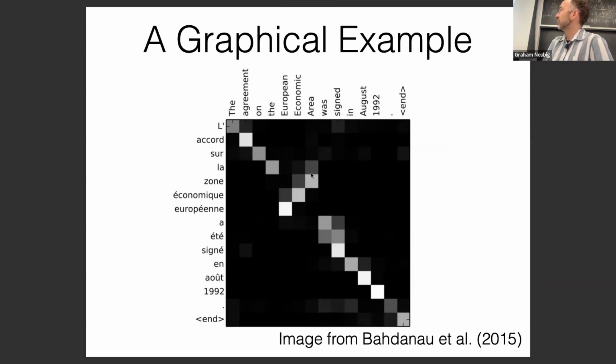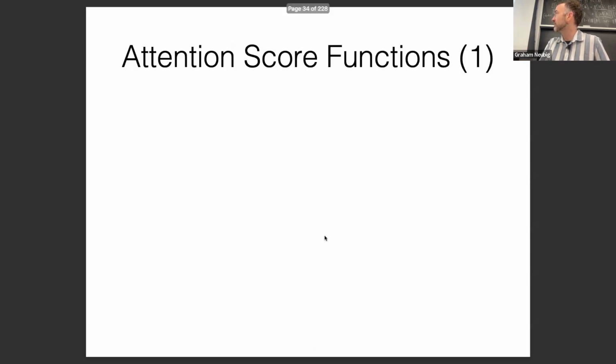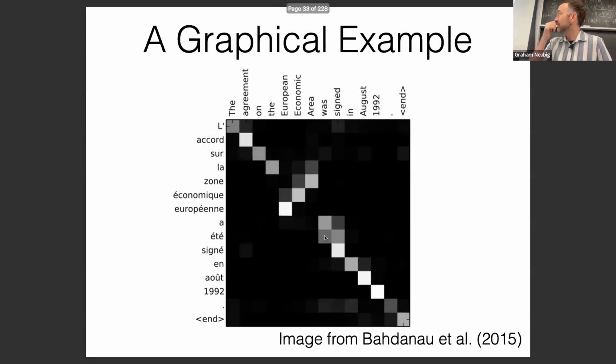And then when the word order reverses, it learns to attend in reverse order. When there's not a good correspondence between them, it learns to spread it out a little bit. This is despite the fact that we haven't used any sort of supervision to learn this. It's just learned naturally in the course of learning the model. But it does learn natural correspondences between them. Any questions so far?